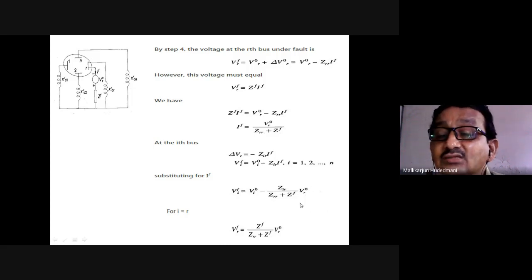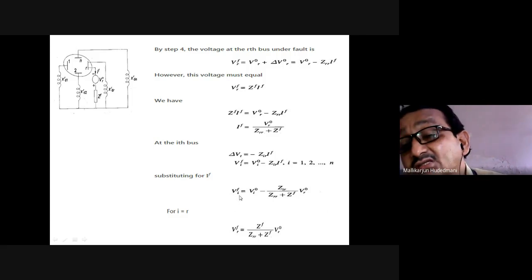VIF, the ith bus post fault voltage after experiencing a fault, equals VI0, its initial voltage, minus the connecting impedance between buses I and R represented in the Z bus, ZIR, divided by the diagonal element of the rth bus, ZRR plus ZF, with which it is getting faulted, into VR. So this stands as one revision of the calculation of VIF.